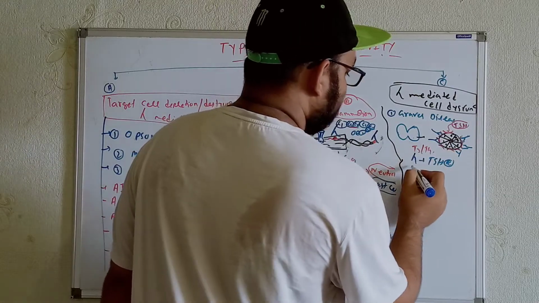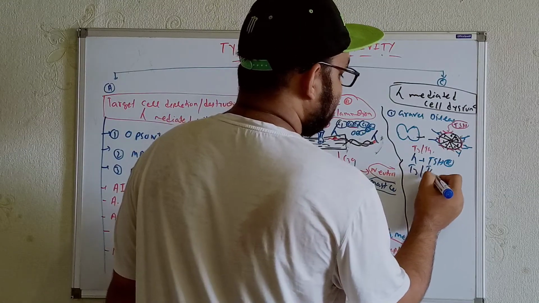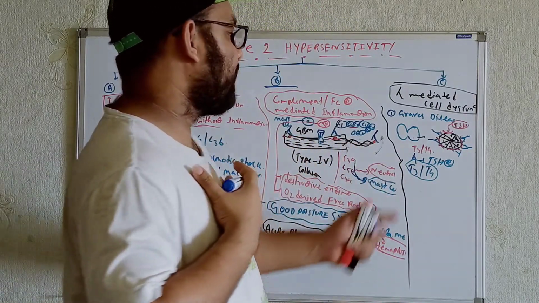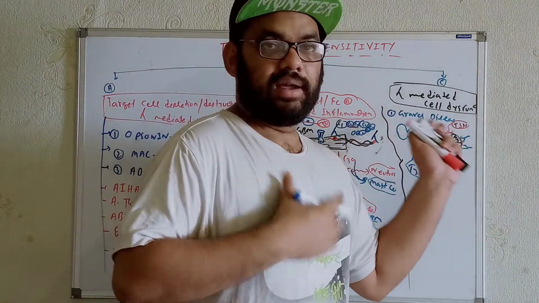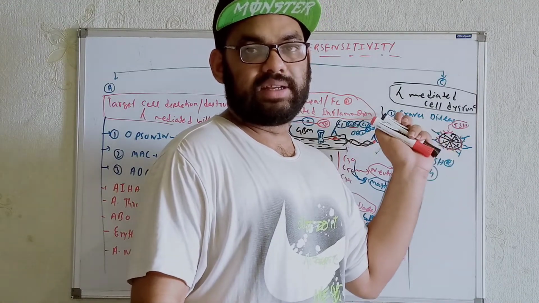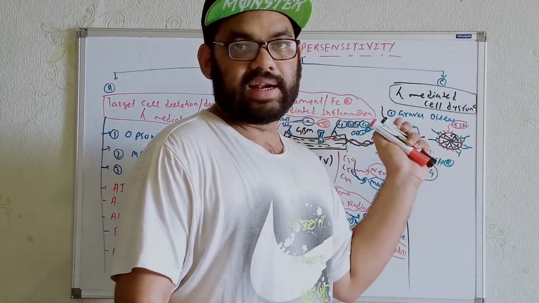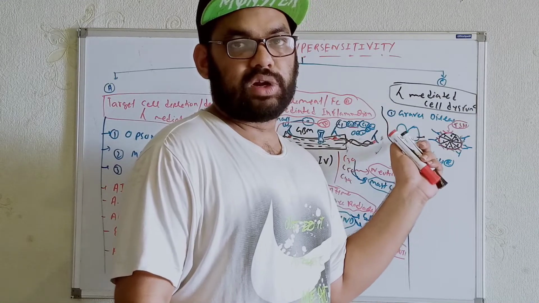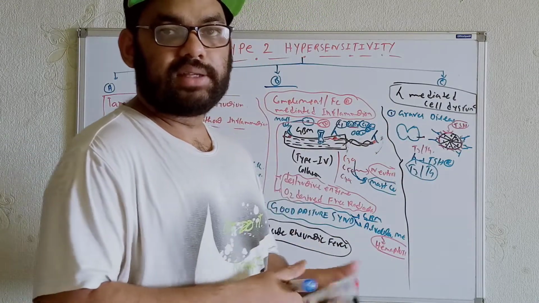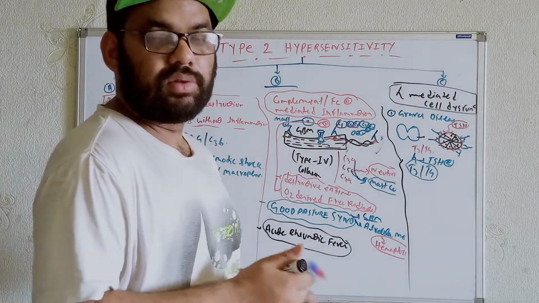As a result, we will see the production of more T3 and T4, because in the place of TSH, where TSH is supposed to bind, by replacing the TSH, the autoantibody is binding to the TSH receptors, and they are activating the follicular cells to produce more T3 and T4. And this condition we can consider as hyperthyroidism.